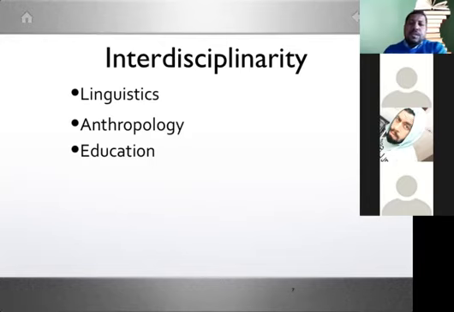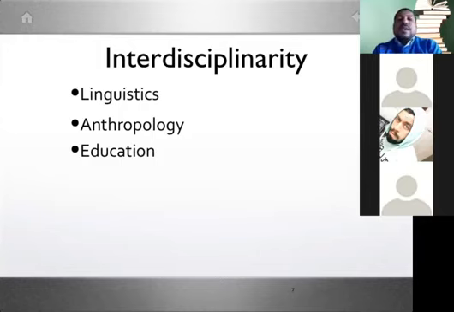Education is another field that intersects and shares a lot with applied linguistics. Education, of course, is the field interested in teaching and learning, in facilitating teaching and learning. So applied linguistics provides a lot for education. We'll talk about this in detail in the coming chapters. But for a brief overview, applied linguistics provides the language teaching methods that teachers use in the classroom.